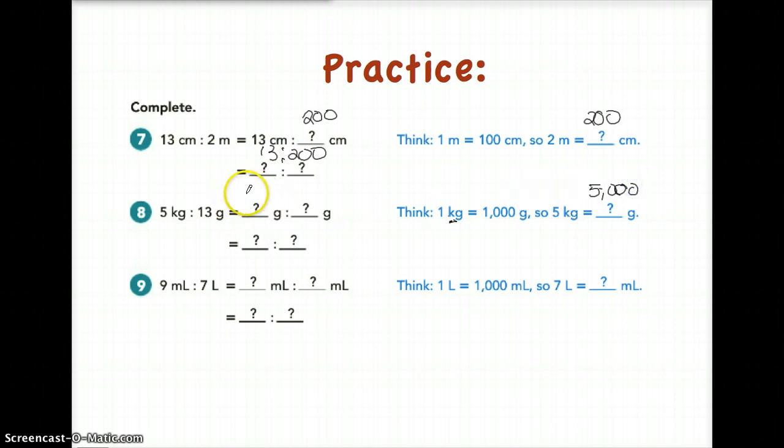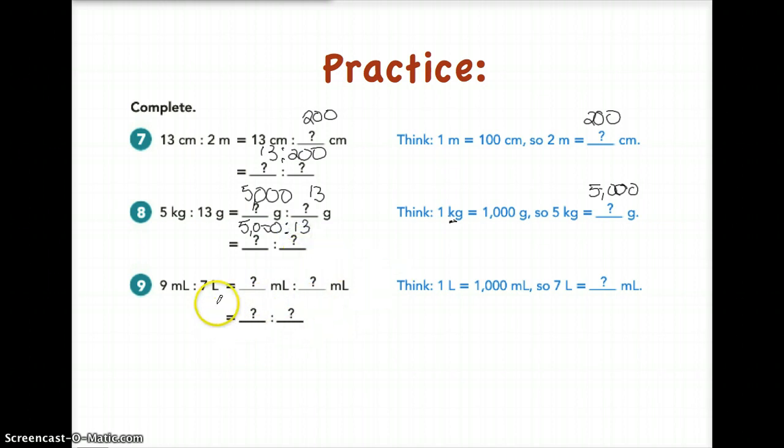So we can write 5,000 grams in place of this 5 kilograms. So 5,000 grams to 13 grams. And we cannot reduce, so we're going to leave it as 5,000 to 13. That is our ratio.